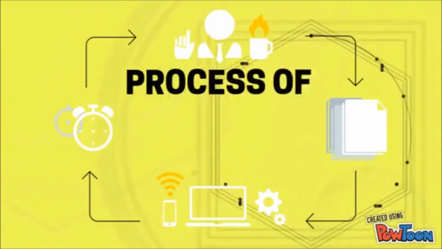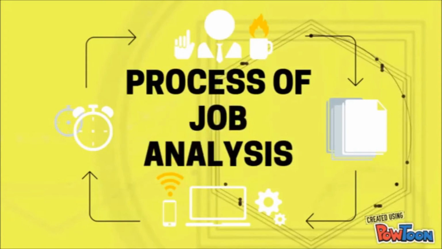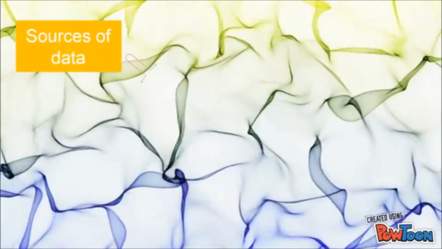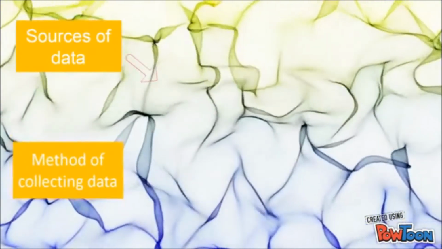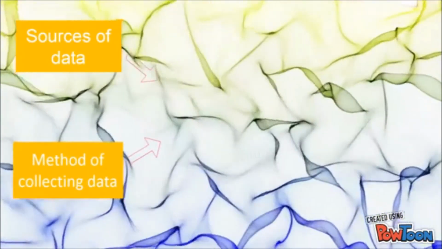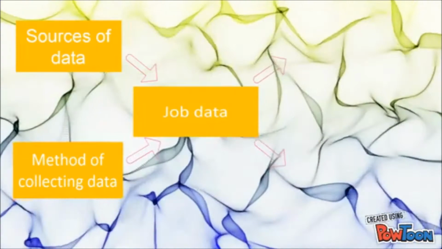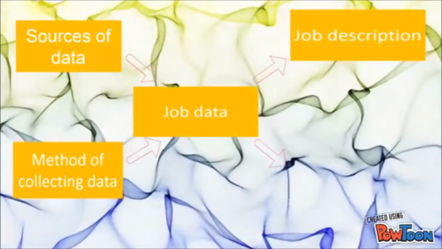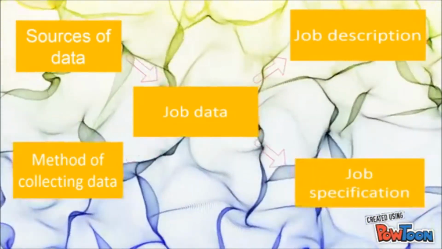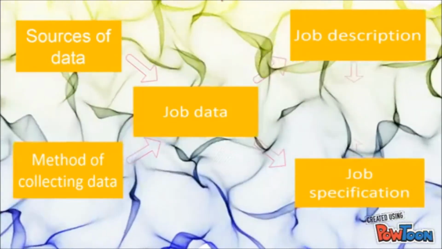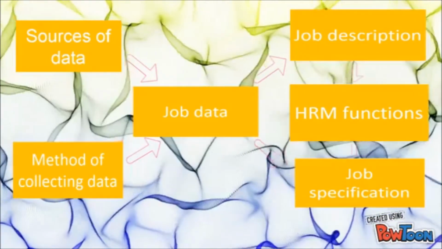Process of job analysis: from the sources of data and the method of collecting the data, we can get the job data, and it can be classified into two, which are the job description and job specification. Thus, it will help in HRM functions.